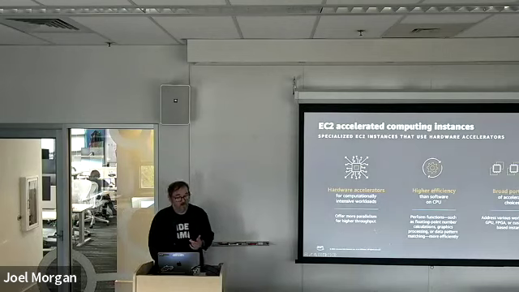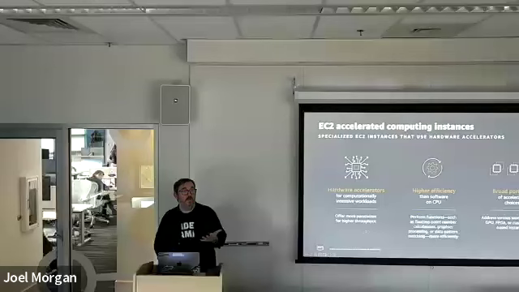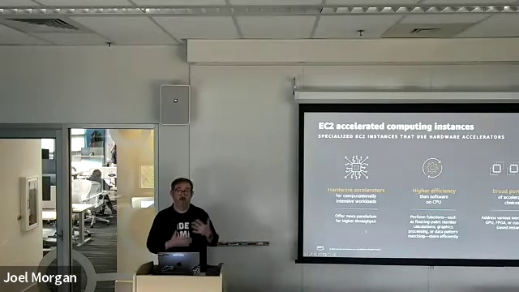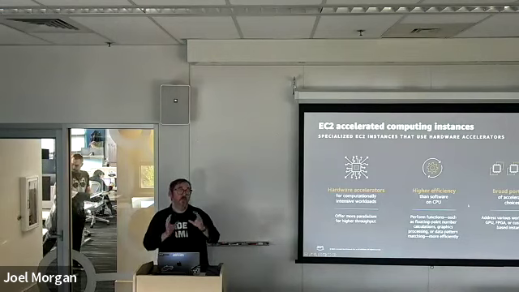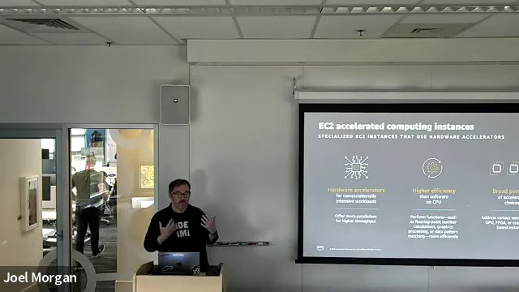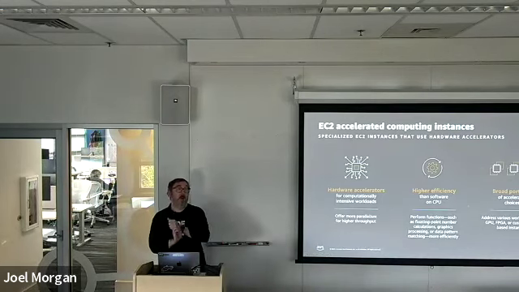Here we go with hardware accelerators, higher throughput because they're usually more purpose-built than running something on a general use CPU. Higher efficiency. So if hardware is designed to do something specifically, it can be more efficient both in time, but also in cost.